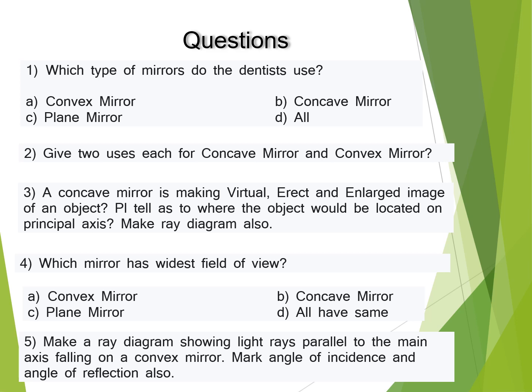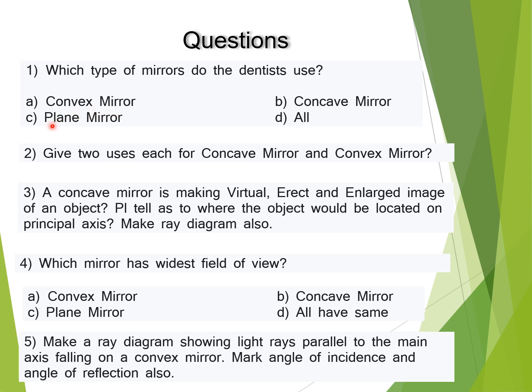Friends, let us solve few questions pertaining to mirrors. The first question is, which type of mirrors do the dentist use? The options are convex mirror, concave mirror, plane mirror and all. If you see the convex mirror, we have studied that convex mirror always makes diminished image, that means image which is smaller than the object.